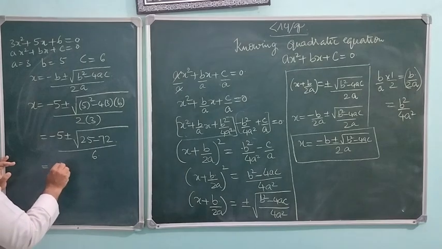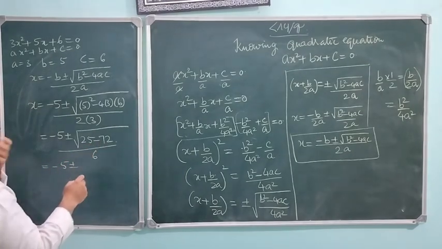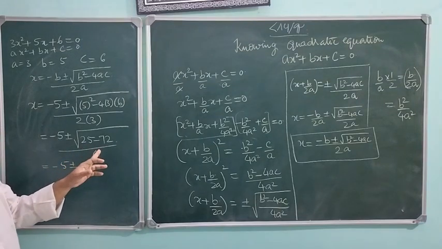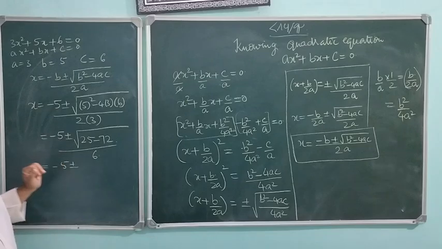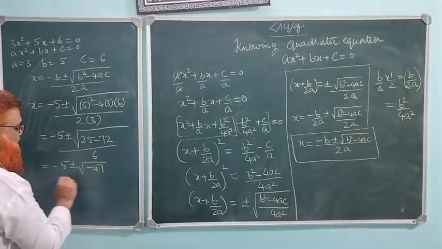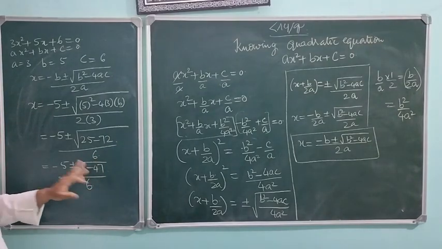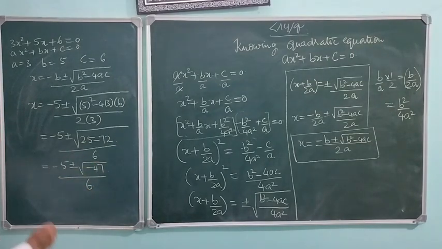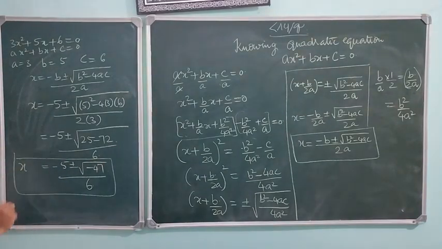So 25 minus 72, how much is it? See that it will be equal to minus 47, minus 47 divided by 6. This is the roots of the equation we have.